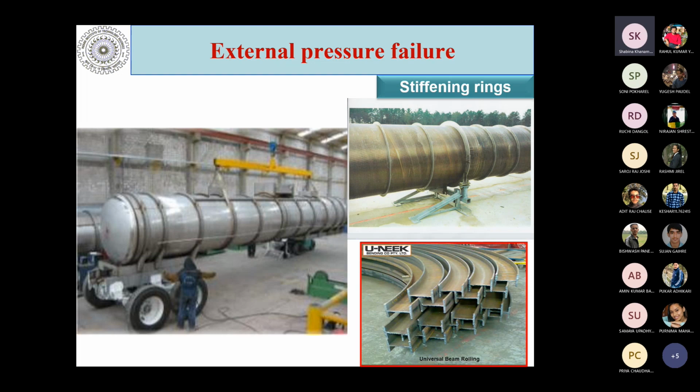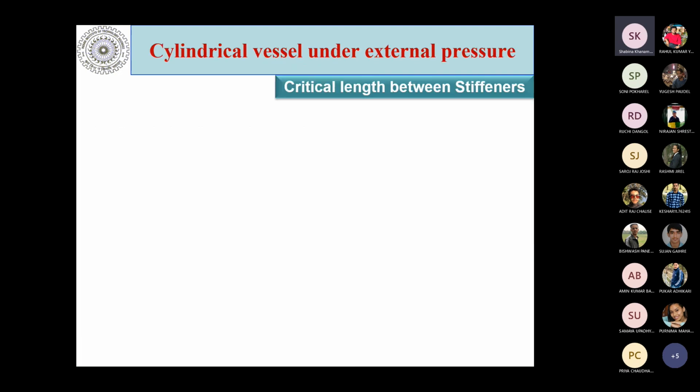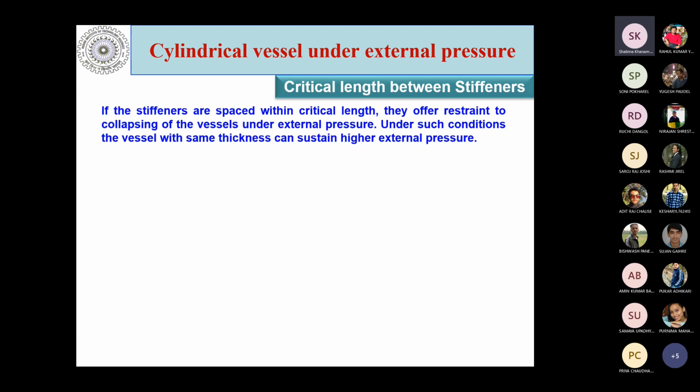So this is a very important parameter to consider in design: the distance between two consecutive stiffening rings, which is decided by the critical length between the stiffeners. If stiffeners are placed within the critical length, they offer restraint to collapsing of the vessel under external pressure. Under such conditions, the vessel with the same thickness can sustain higher external pressure.